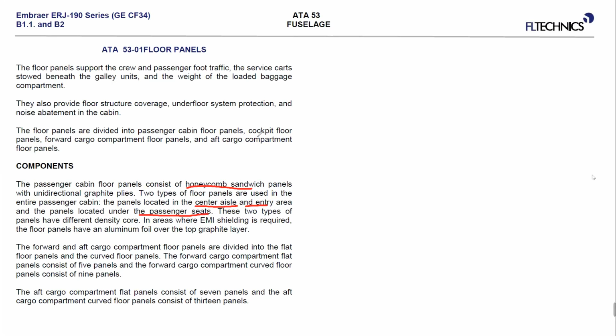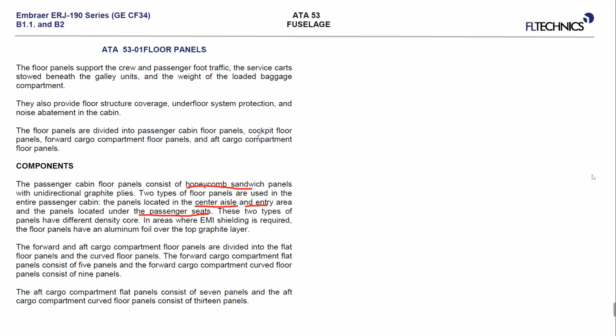You understand that in the center aisle and the entry areas, the panels have to be a little bit stronger, more resistant to heavy traffic, because everybody is walking all the time in this center aisle. But below the passenger seats, we don't have such traffic.